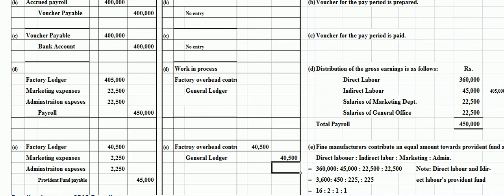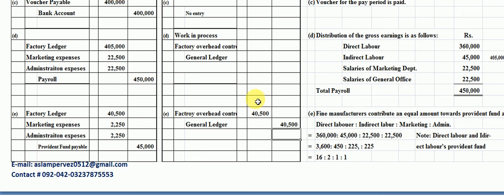This is the entry against the provident fund which is contributed by the employer to his employees. Students, this is our first requirement which has been completed here. I think you understand this requirement. Now we move below to the second requirement.